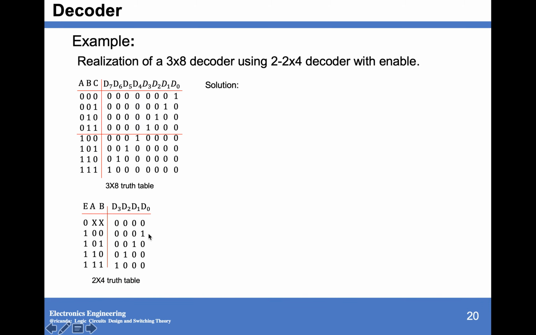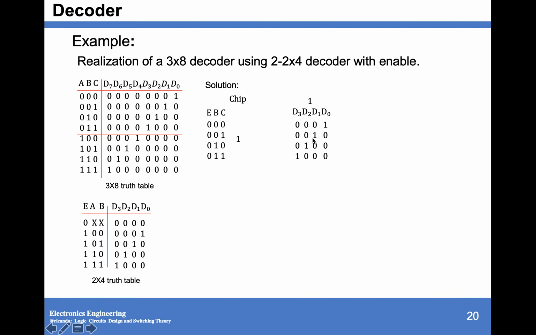So we have to construct chip 1. We have your inputs A, B, and C. That is our IC number 1 using this output. If it is 0, then you have 0, 0, 1.